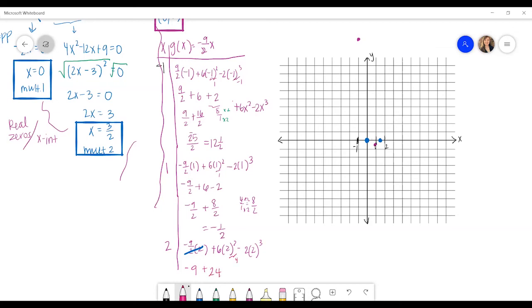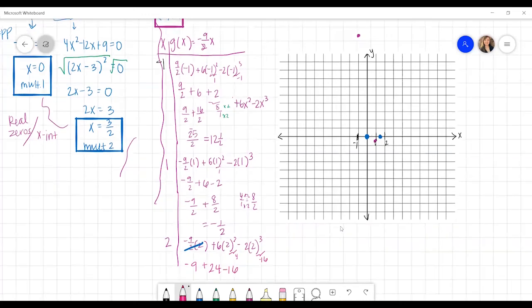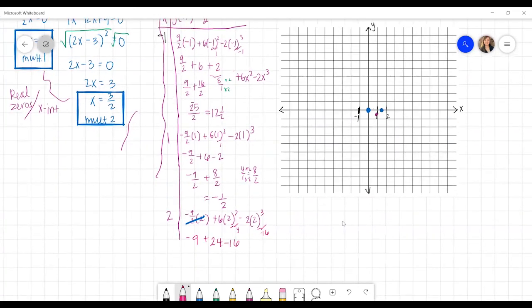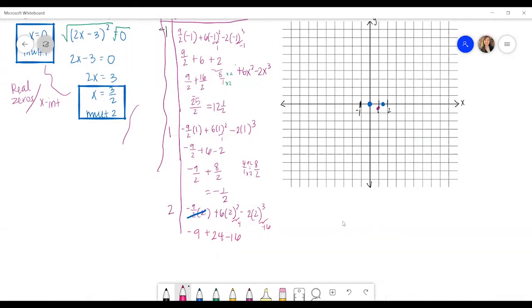And then 2 times 3, this is really essentially 2 times 4, right? This is a negative 16. So this gives us a negative 1. Right there.